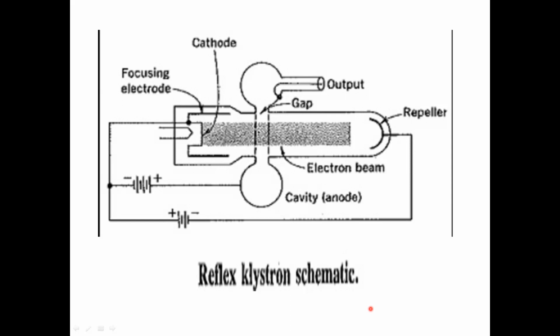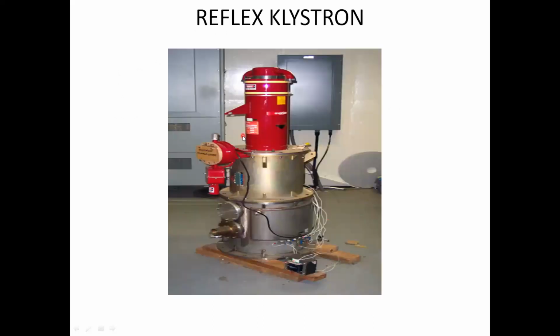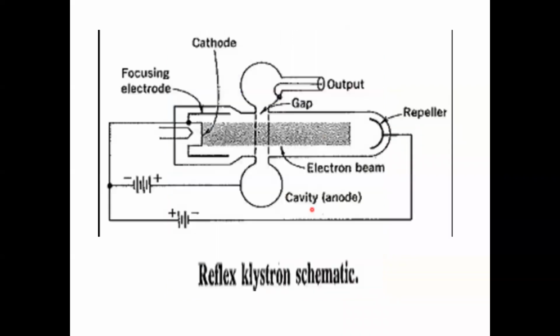This is the practical view, a reflex klystron prototype used in the microwave industries. Generally these reflex klystrons are used in radio receivers, local oscillators, signal sources for microwave generators, portable microwave links, and similar links.